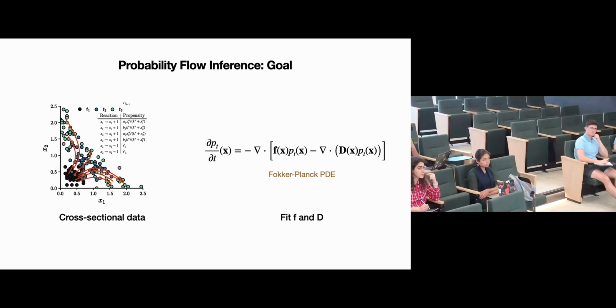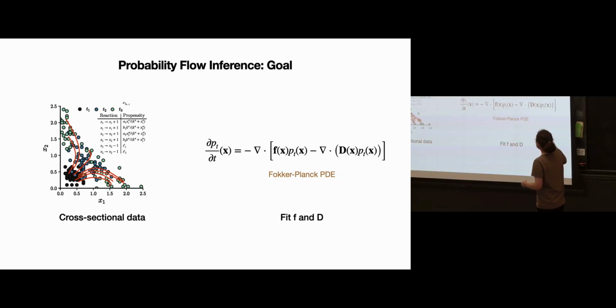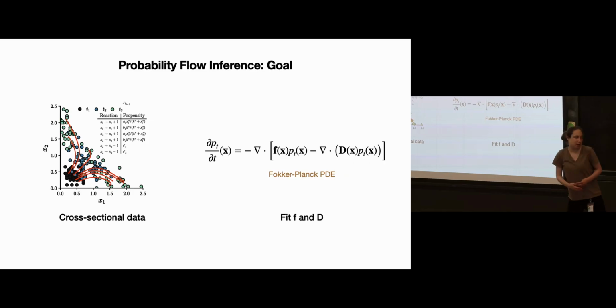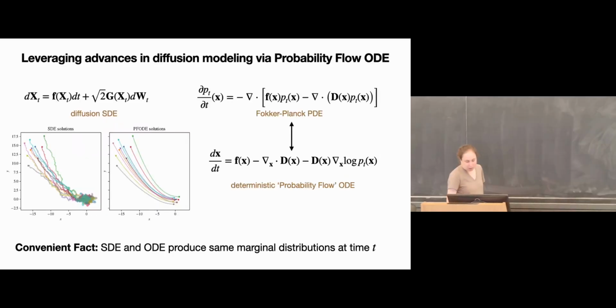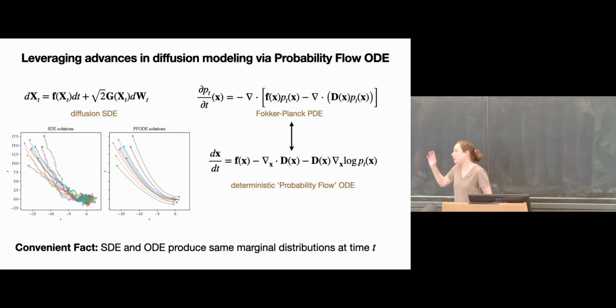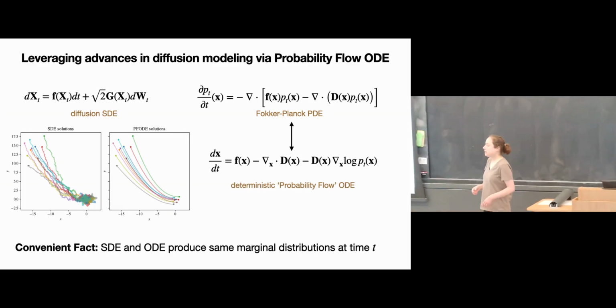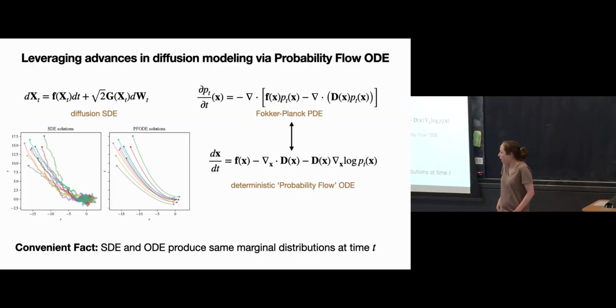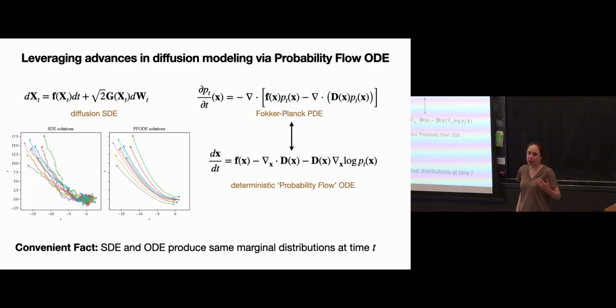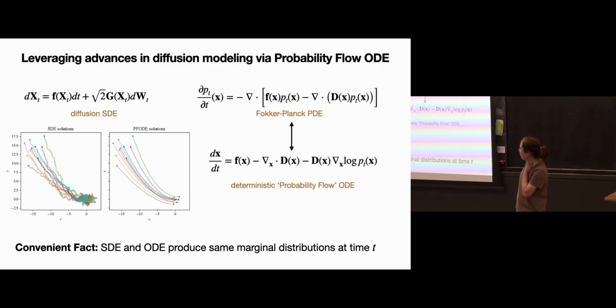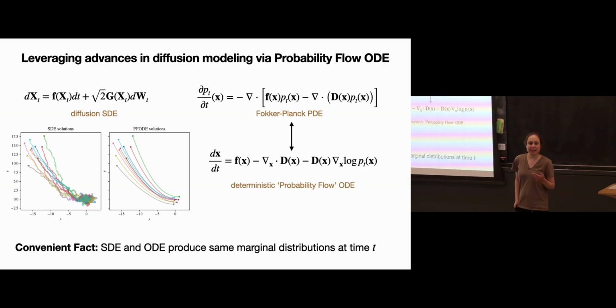And the goal now is to fit F and D. The main innovation of this particular method is basically to borrow from a bunch of breakthroughs and recent progress in diffusion modeling for general AI applications, which I'll talk a little bit about at the end. There are some nice technical things that can essentially be ported over.